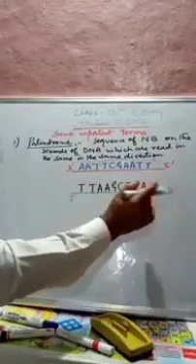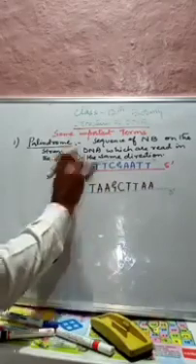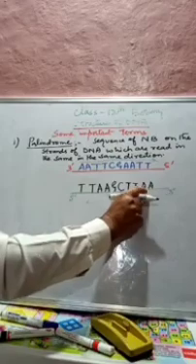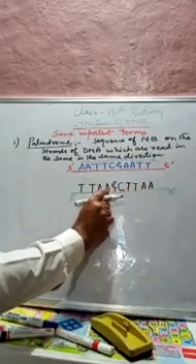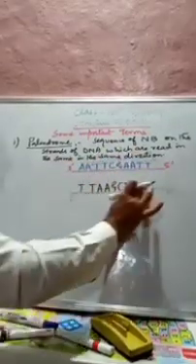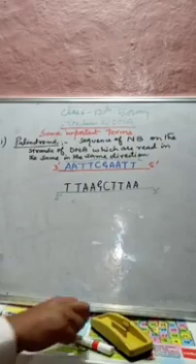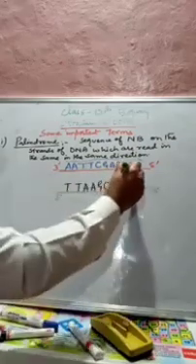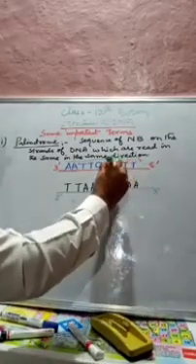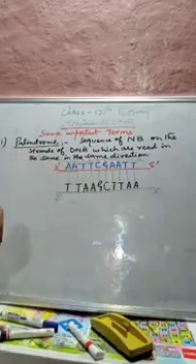Now in the second strand, when we read in the same way from 3 to 5, again the sequence is AATTCGAATT. So the sequence of nitrogen bases is the same. And these two nitrogen bases are connected by means of hydrogen bonds. For example, these are the weak hydrogen bonds. This is one example.